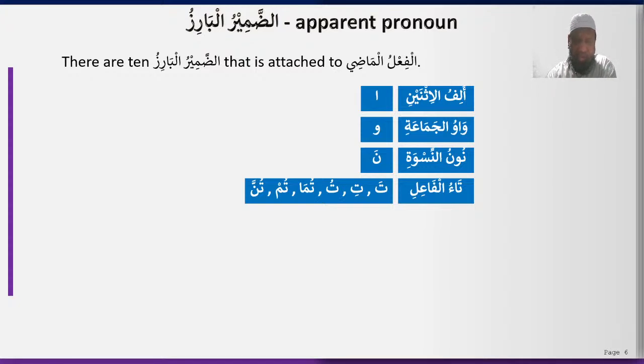The last three, as we've said in past lessons, the ta is the فاعل, and for مثنى, mim alif is to show مثنى, and mim sakin is to show جمع مذكر, and nun mushaddada is to show جمع مؤنث. And the نا الفاعلين is for the جمع متكلم صيغة, like فعلنا.